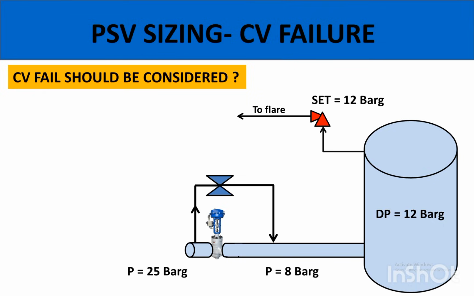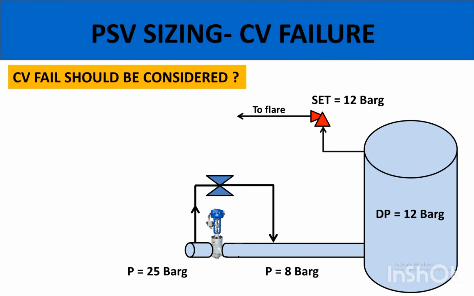Since we generally refer to the ASME design specification, its general value is 1.1, and in this case, control valve failure should be considered, as you can see. But okay, we now find out that control valve failure is applicable within this system.